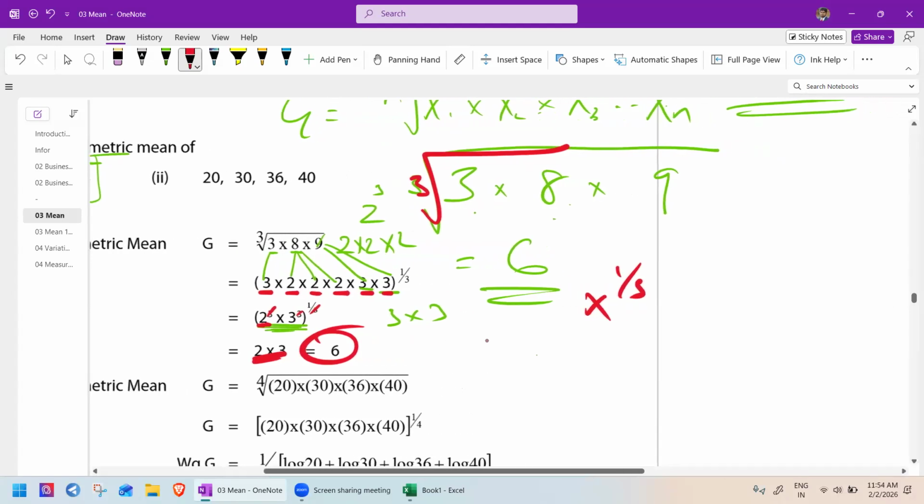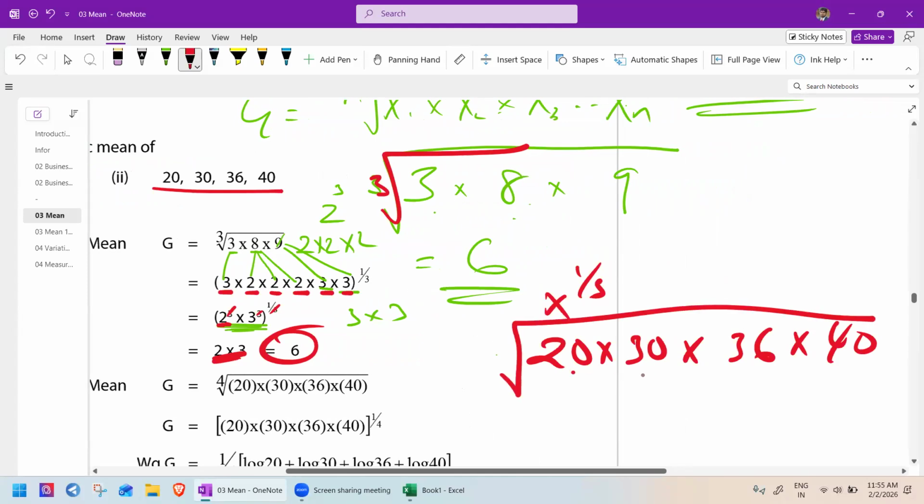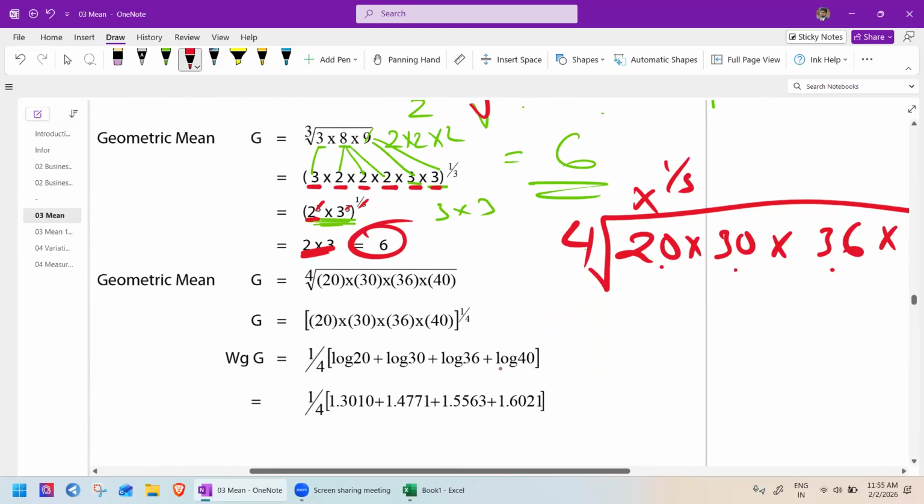Likewise, we can calculate the geometric mean of 20 into 30 into 36 into 40. And how many observations? 1, 2, 3, 4 observations. There are 4 observations, so that we can calculate.